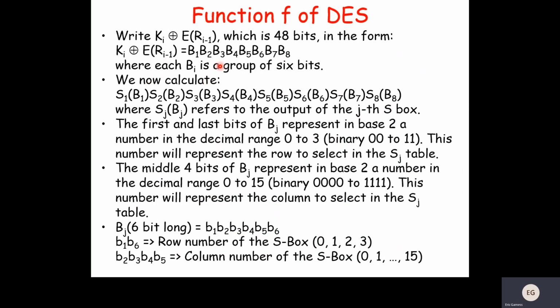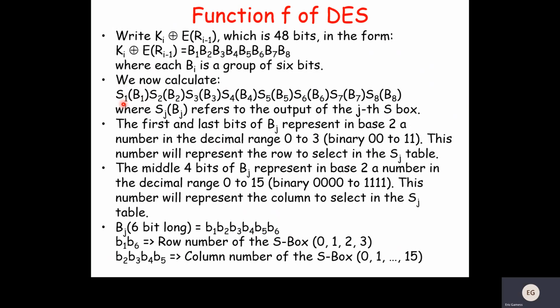So look, when you have done the XOR, which is the second operation, the result is 48 bits. So you create 8 blocks of 6 bits. B1 has 6 bits, B2 has 6 bits, up to B8, which has 6 bits. Then for the first block of 6 bits, you apply the first S box, S1.